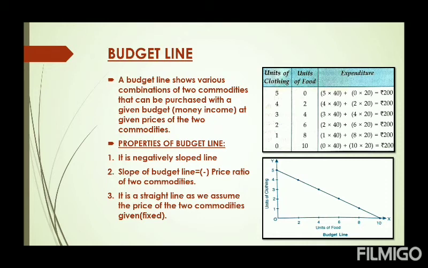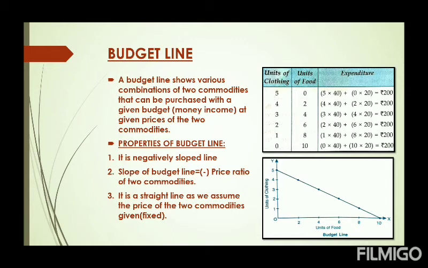After understanding the concept of the budget line, we must know the properties of the budget line as well. What are the properties? The very first property is that it is negatively sloped. Again, why? Same reason as we have given for the indifference curve.